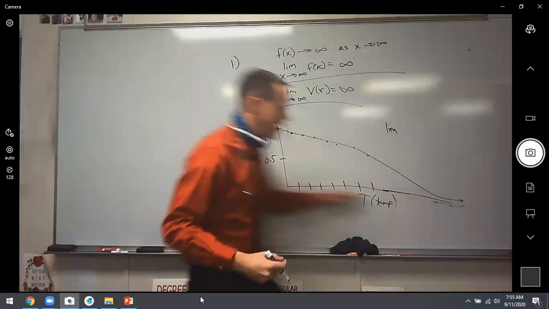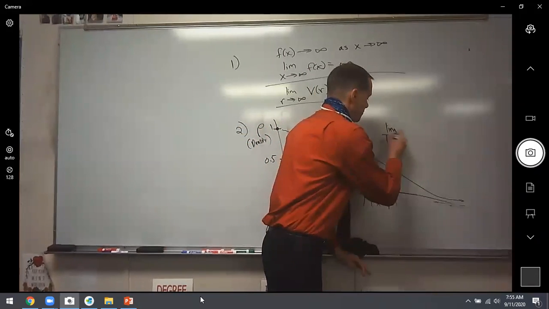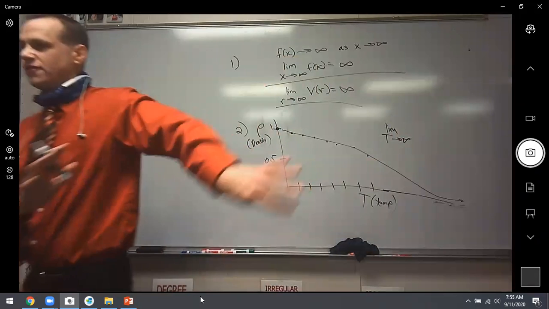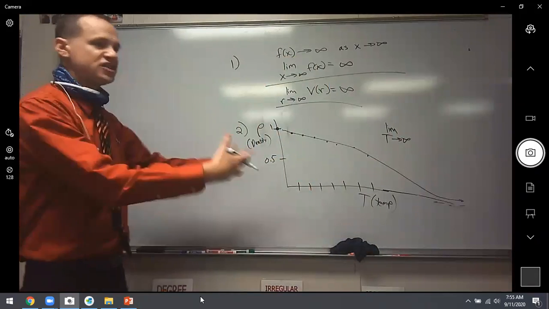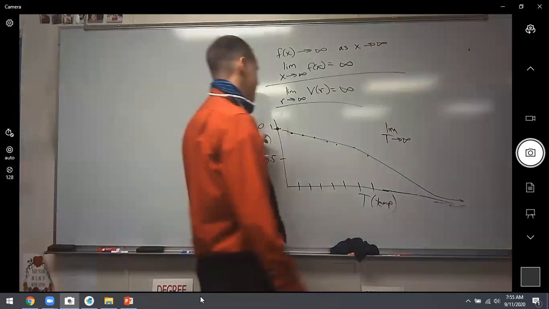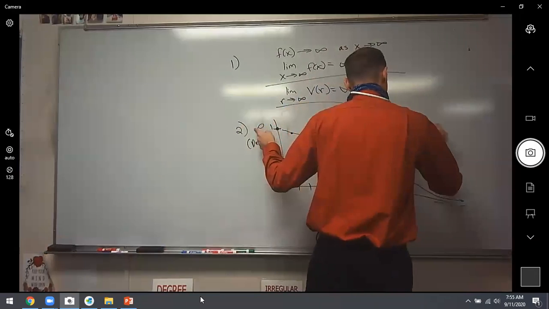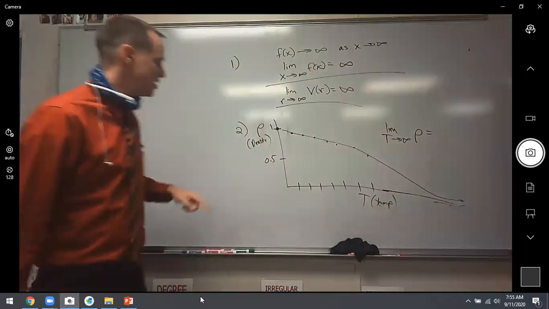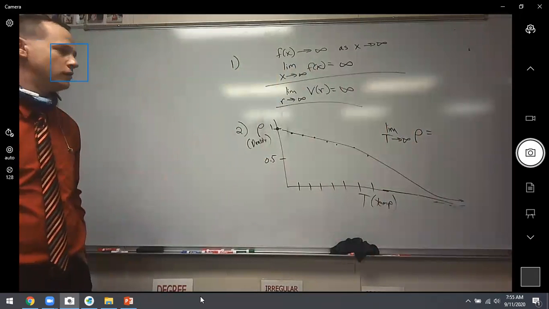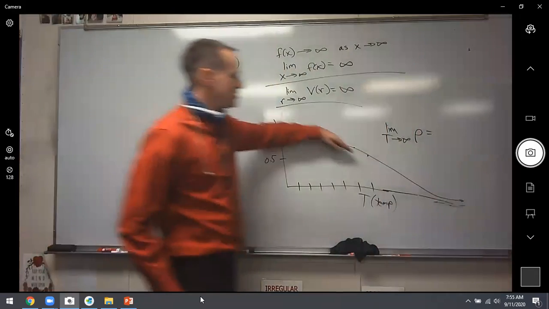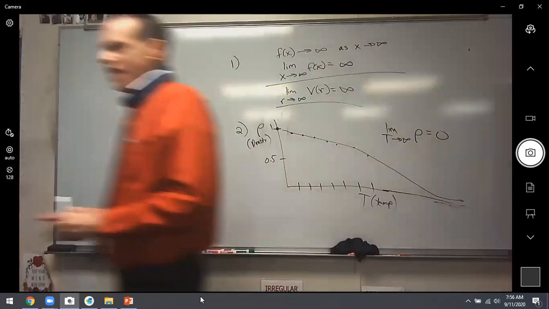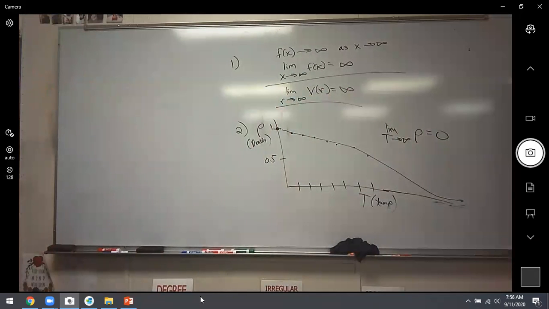So I'm going to say as temperature, capital T, goes to infinity, as this graph goes right, this thing I'm studying, which is density, technically it's this little rho symbol. You can write whatever you want. The density is 0 right there. That's what it's going to approach as we go far out.